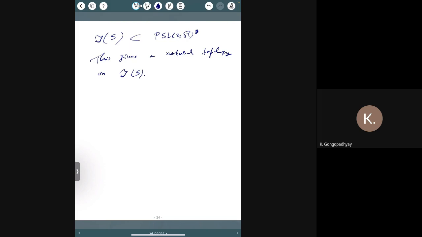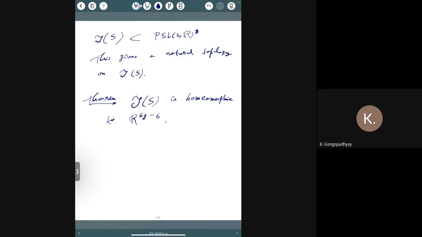Okay, and it's a result that I don't think I have much time to prove, but it's a theorem that the Teichmuller space is homeomorphic to R to the 6G minus 6.